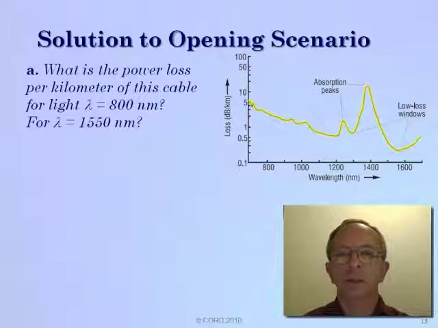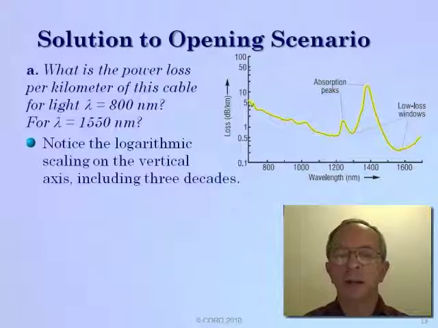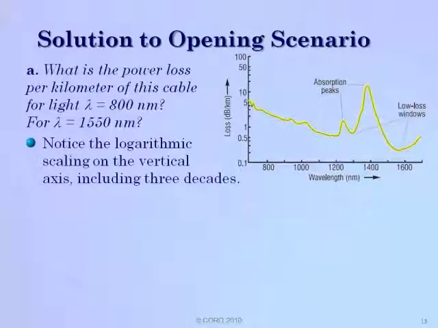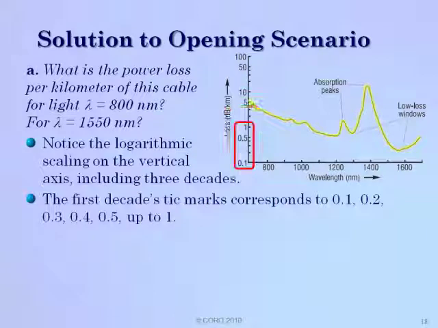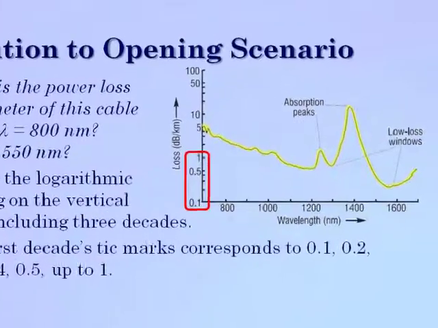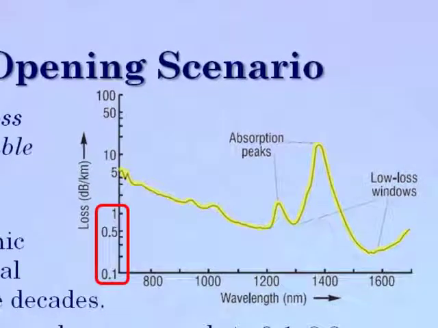Now we're ready to look a little bit at that opening scenario where we had that graph on the semilog graph scale. So what is the power loss per kilometer of this cable at 800 nanometers? Let's notice the logarithmic scaling on the vertical axis so that we know how to read that y-axis. We notice that we'll have 3 decades. The first decade's tick marks correspond to 0.1, 0.2, 0.3, 0.4, 0.5, up to 1.0.